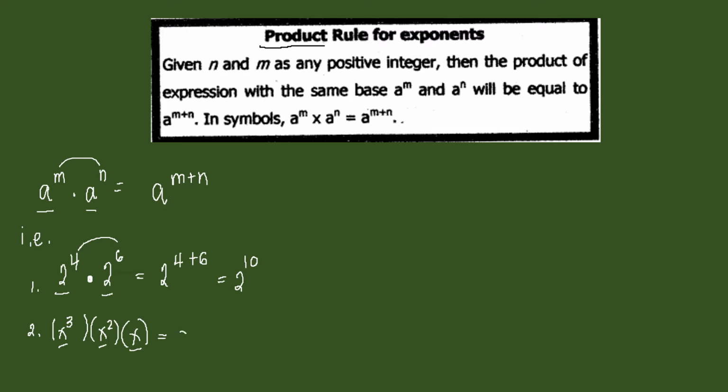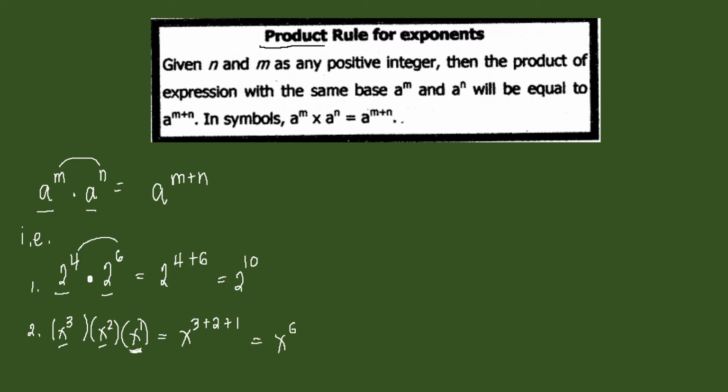So I will just copy the base x, and then what will I do with the exponents? I will simply add them. Looking at the last x, there's no exponent written. That is understood to be 1. So if there's no exponent written, it's understood that it is 1. So we will have 3 plus 2 plus 1, and that is x raised to the 6th power.